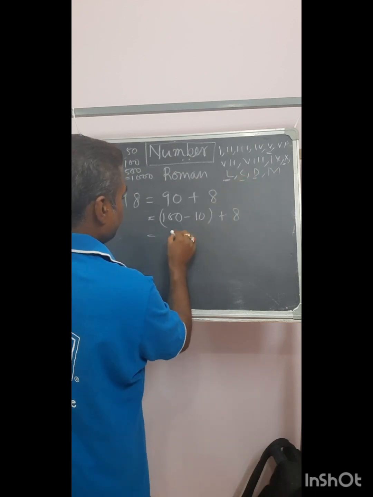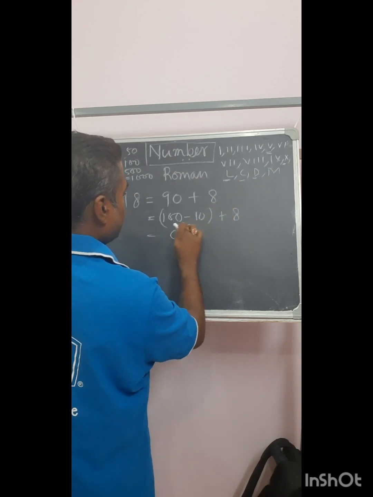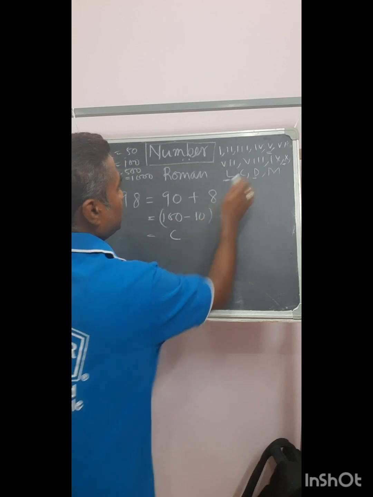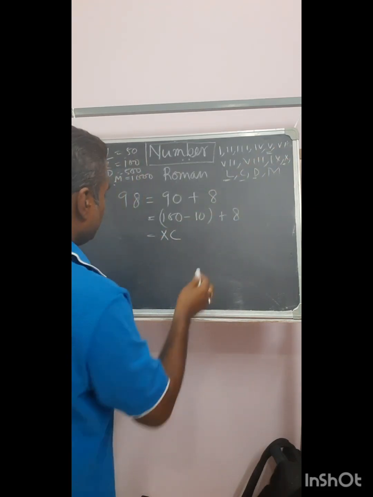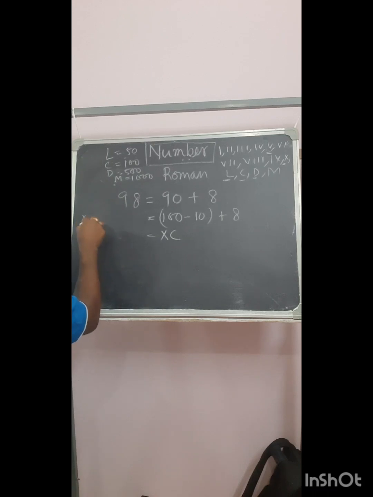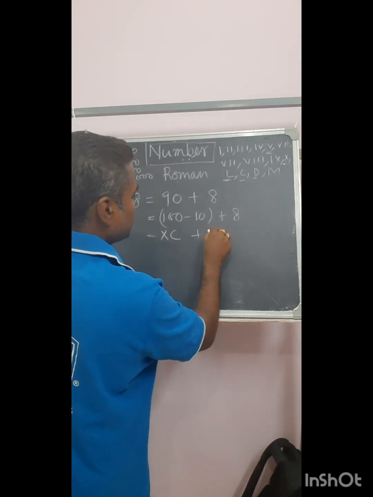As 10 has to be deducted, X will come before C. As per the rule, X can come only before L and C, so this implies only a C is coming. Then plus 8.